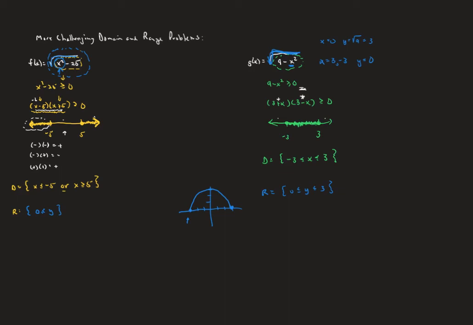Okay, let me go to a new screen and I'll show you a new example. This is another tough one here. Let's say that h of x is equal to the square root of (x minus 2) over (x plus 3). So once again, I'm going to refer to a number line here.